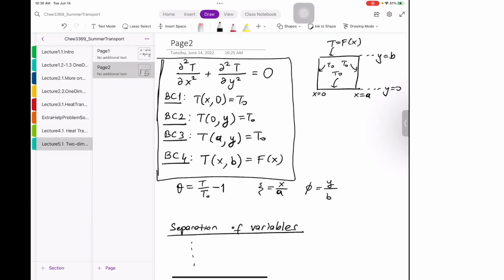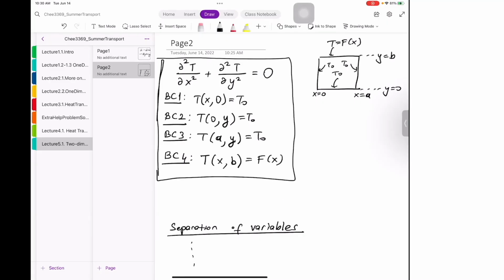So instead of non-dimensionalizing, let's forget about it, and just simplify the boundary condition by simply subtracting the T0 from the temperatures. Okay.